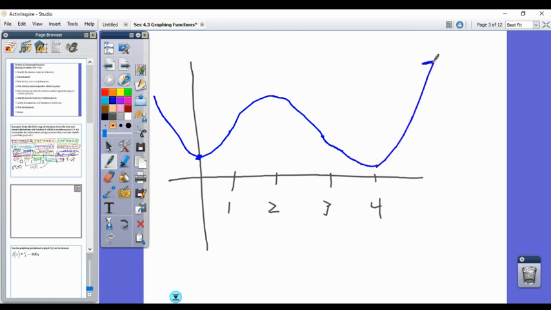All right, so remember, this is just a rough sketch. It's not the only possible answer, but let's go ahead and label everything that we had. We had a local min at 0, and another local min at 4. Okay, so I'm gonna make like a little key for myself.